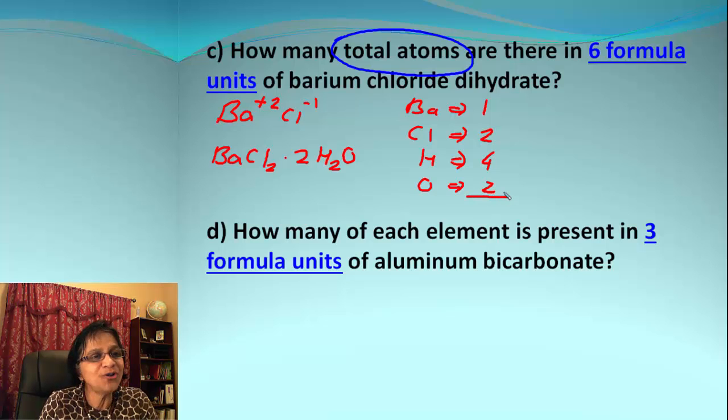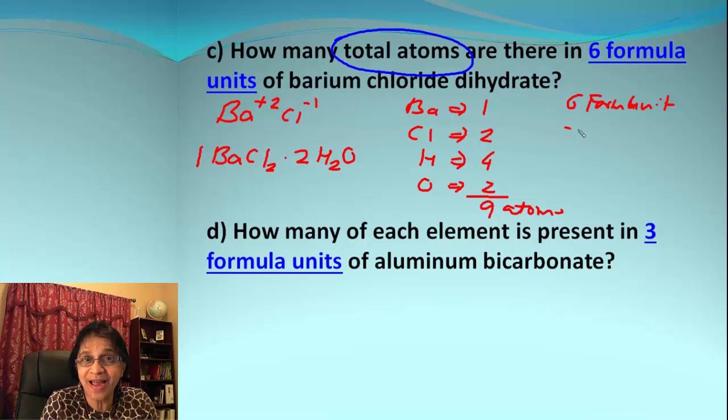When we add up all those, we get totally 9 atoms in one formula unit. If you have 6 formula units, how many total atoms should we expect? It will be 6 times 9, and that will be 54 total atoms.